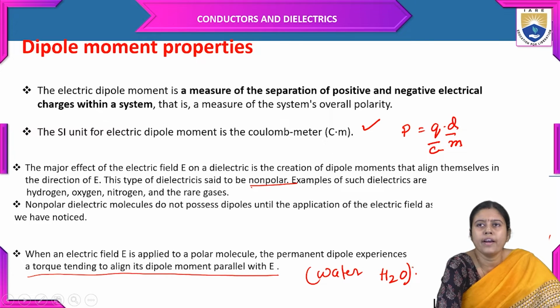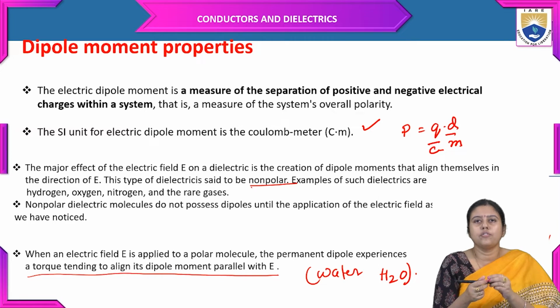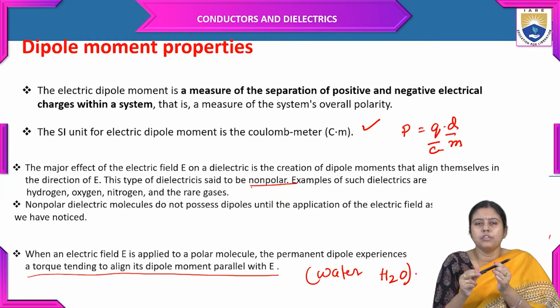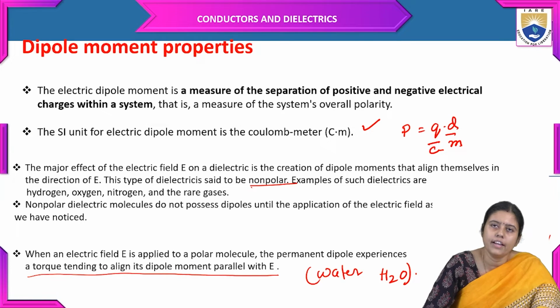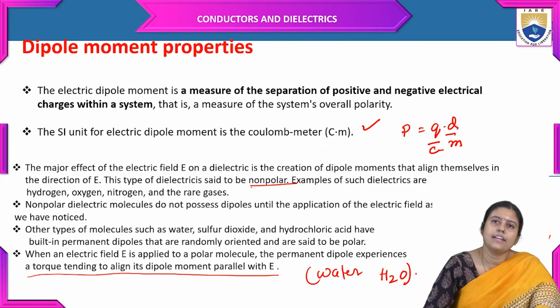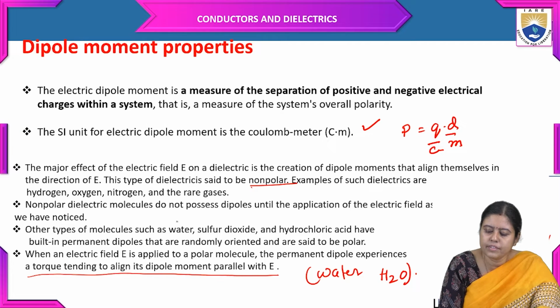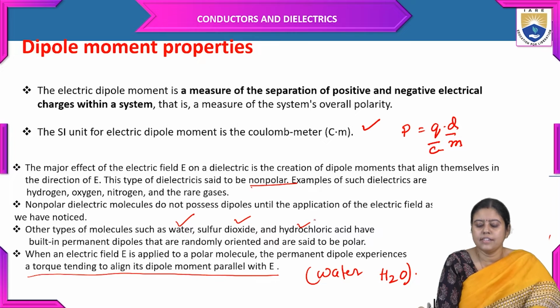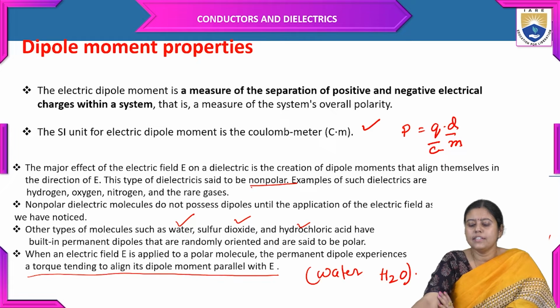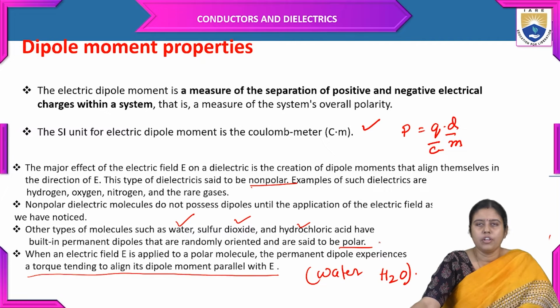If we apply a voltage, it will try to align itself in the direction of the electric field so that current can flow. The examples are water, sulfur oxide, hydrochloric acid. These have a built-in dipole and are said to be polar molecules.